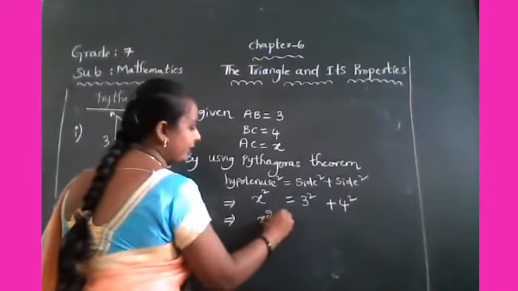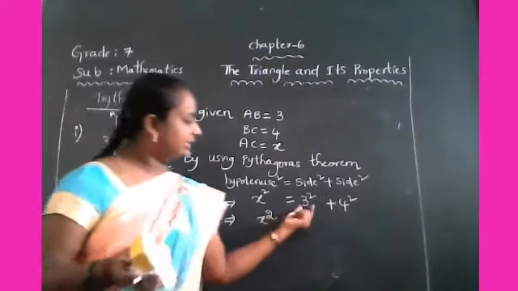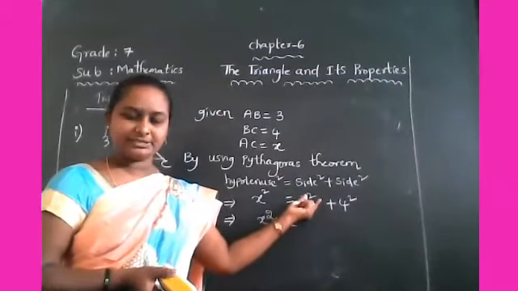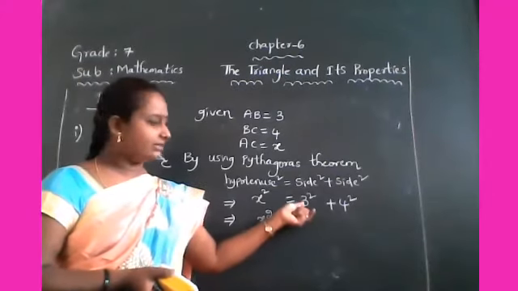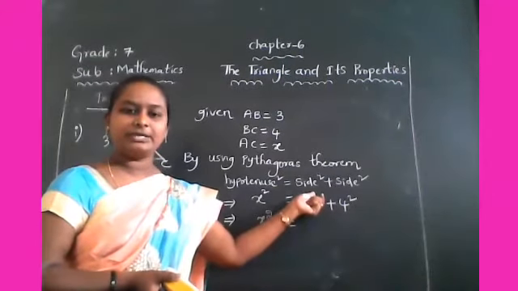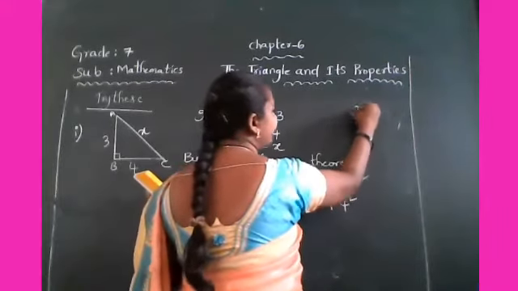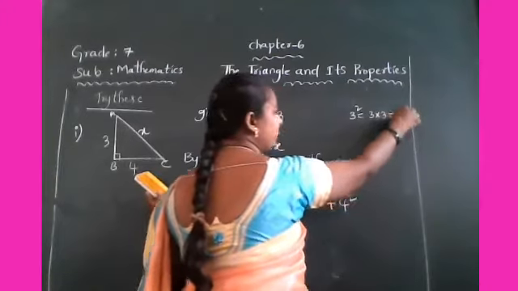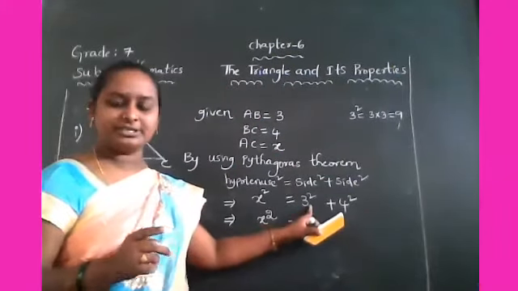x square is equal to 3 square. That means here 3 raised 2 times. 3 square means 3 into 2 is equal to 6? Not that one. 3 raised how many times? 2 times. So how to multiply? 3 into 3. 3 threes are 9, not 6.